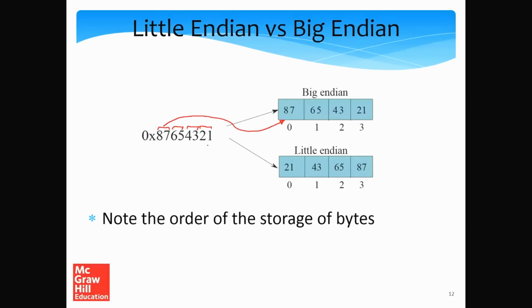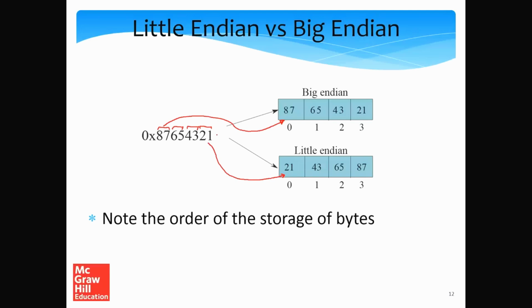In the little endian location, we store the least significant byte first. So we store 21 over here, then 43, then 65 and then 87. What is different is the order of the storage of bytes, and this is a matter of convention. We can't argue that little endian is better than big endian or vice versa. It's just a matter of convention of how data is stored.